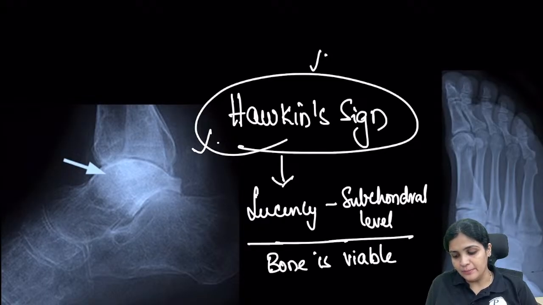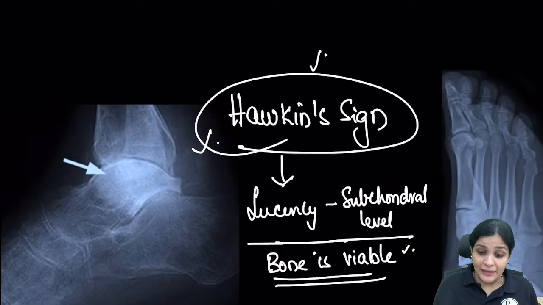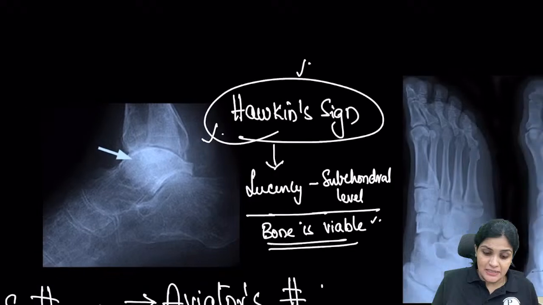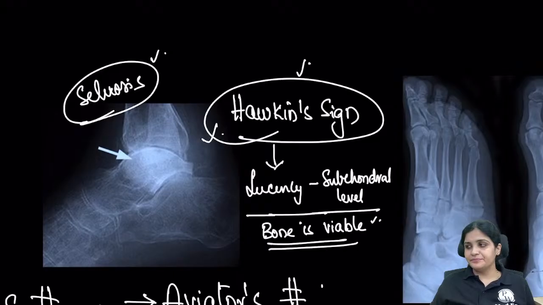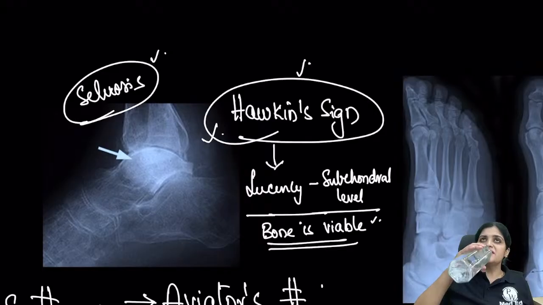If there is lucency, the bone is viable. If there is sclerosis, I have told you, is sclerosis a good sign or a bad sign? Sclerosis is white color, density. So is that a good sign or bad sign?